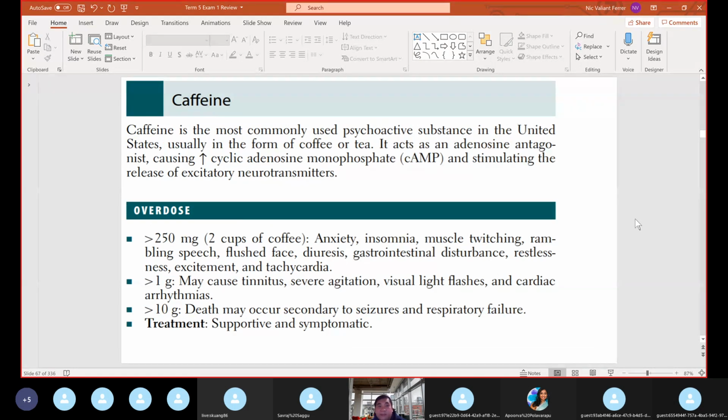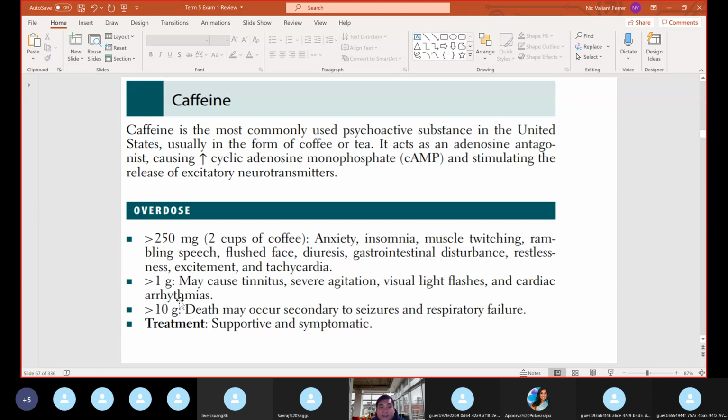Caffeine, of course, is the most commonly used psychoactive substance in the US. Mechanism of action of caffeine, high yield. It increases cyclic adenosine monophosphate. It is an adenosine antagonist, which stimulates the release of excitatory neurotransmitters. If you drink 2 cups of coffee a day, that's 250 milligrams, you can have the following symptoms.